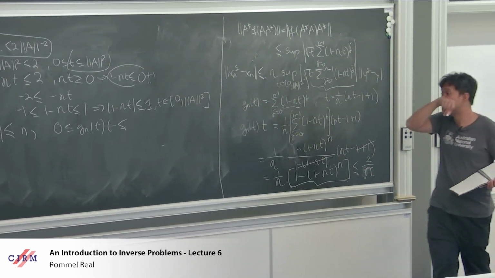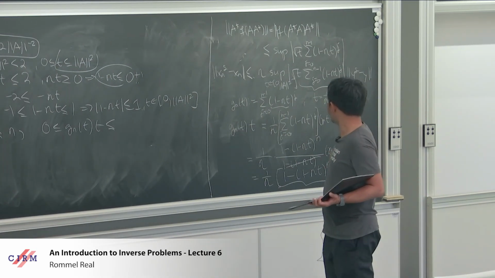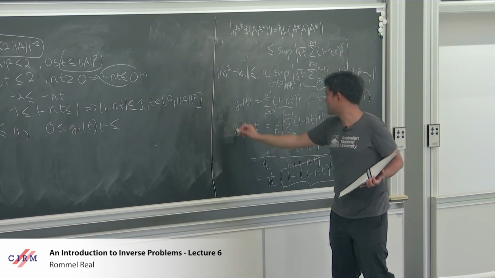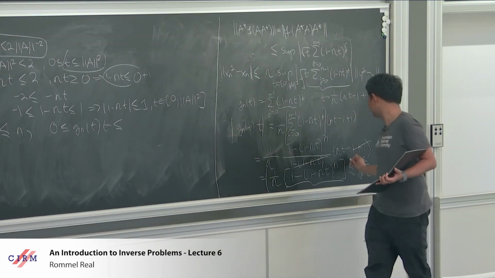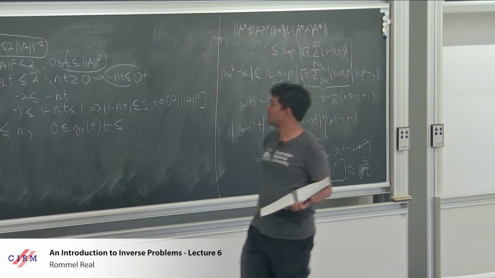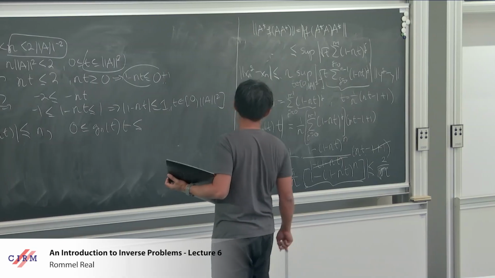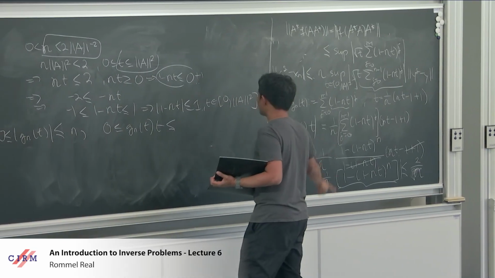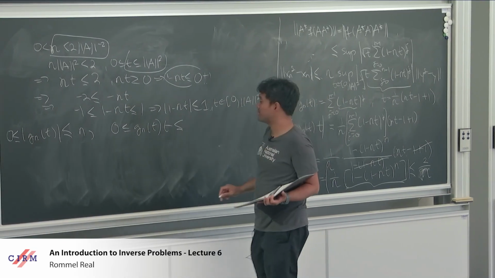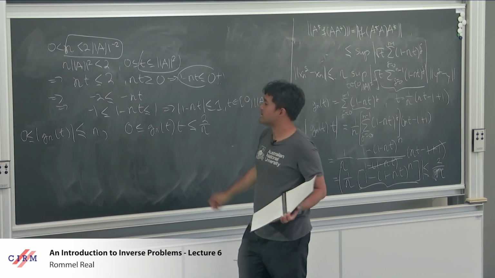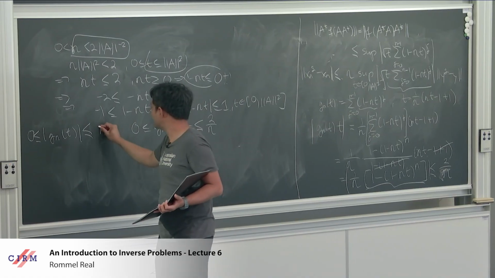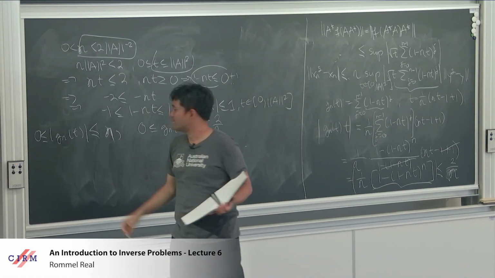Just take the triangle inequality here. But we don't actually need to take the absolute value because this is not negative anyway. So this is less than or equal to 2 over square root of eta. Note that's eta. I have to make it distinct from n.